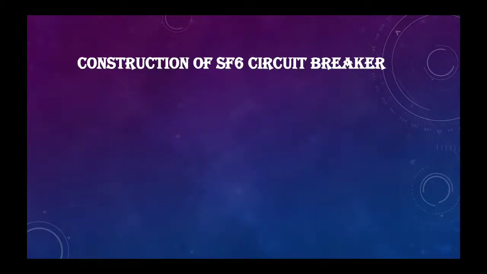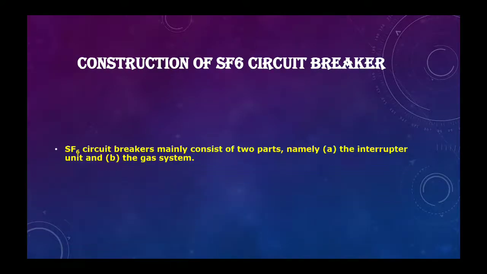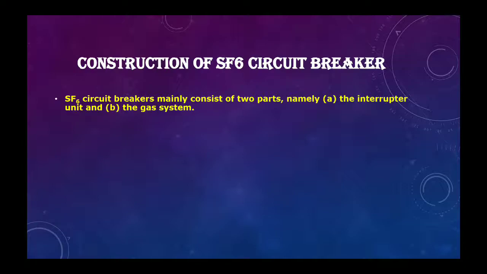Now the construction of the SF6 circuit breaker. SF6 circuit breakers mainly consist of two parts, namely A, the interrupter unit, and B, the gas system.